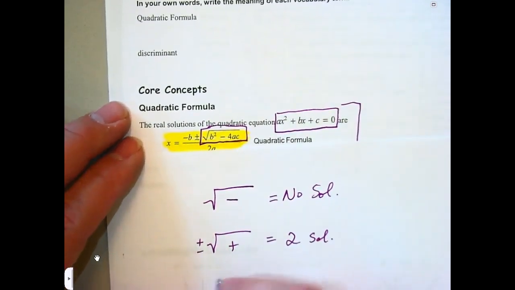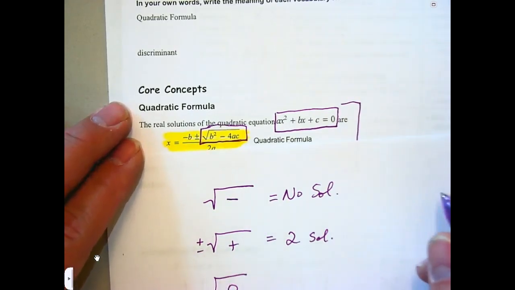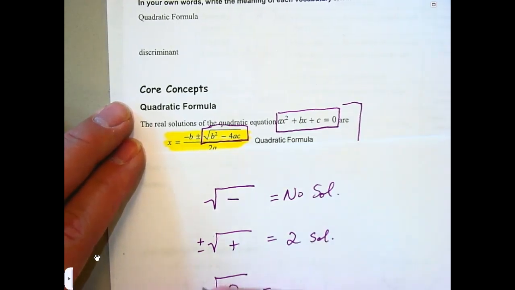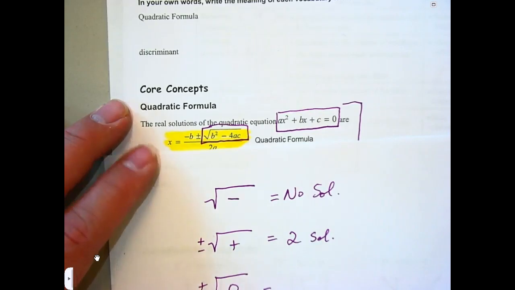Well, what would happen if you got a 0 in there? What's the square root of 0? 0. Well, you would have that plus or minus 0. When you add or subtract 0, does anything change? No. How many solutions are you going to get with that? One solution.